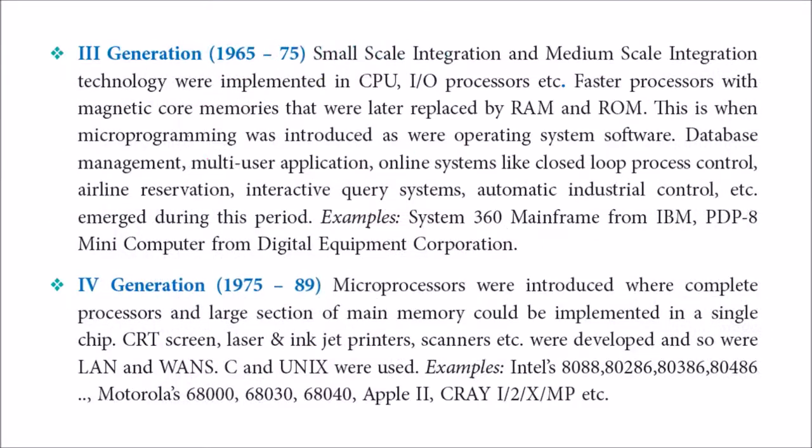Then the third generation, 65 to 75. SSI (small scale integration) and MSI (medium scale integration) technology were implemented in the CPU and input output processors. Faster processors with magnetic core memories were developed, later replaced by RAM and ROM. Microprogramming was introduced, as was operating system software.